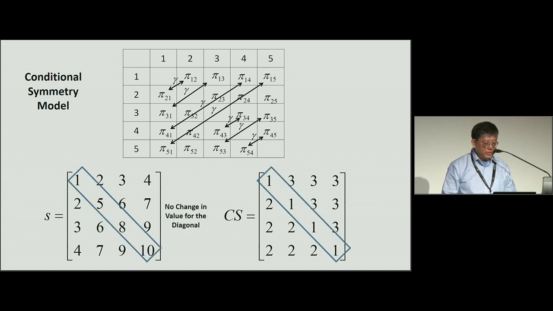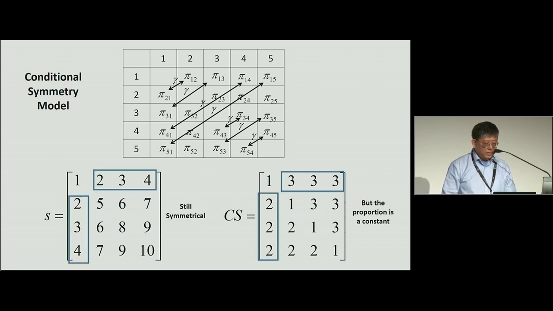So more intuitively, this set of values is one set which remains the same, and the off diagonal one is a constant specified by the CS, while the symmetric pattern is specified by the S matrix. So it's not too difficult to generate doubly classified models if we know what matrices to specify in order to generate them.